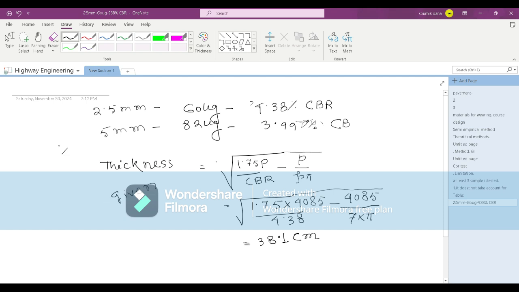Given that the wheel load is 4085 kg, the total thickness we have got is 38.1.